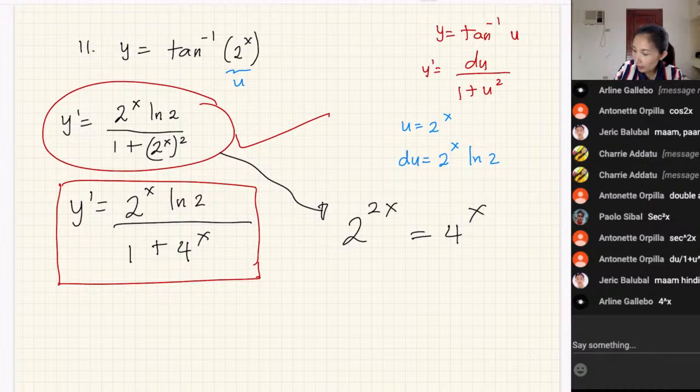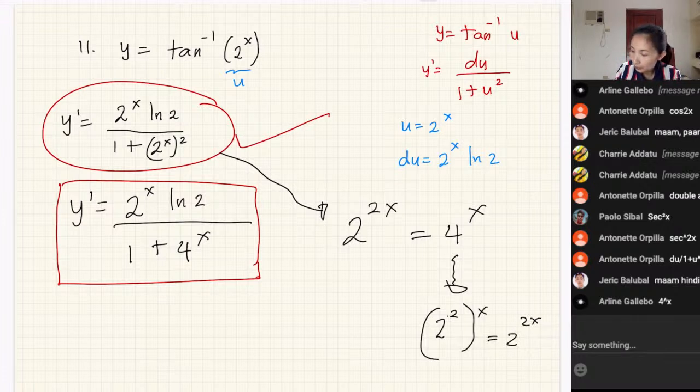Did I answer your question, Jeric? Because I could express this, look at this. If I simplify this, it becomes 2 squared raised to x, which is 2 raised to 2x. Is this clear? I hope this is clear.